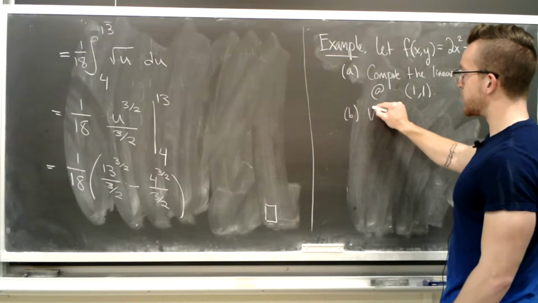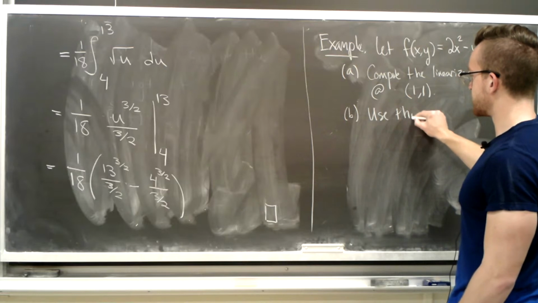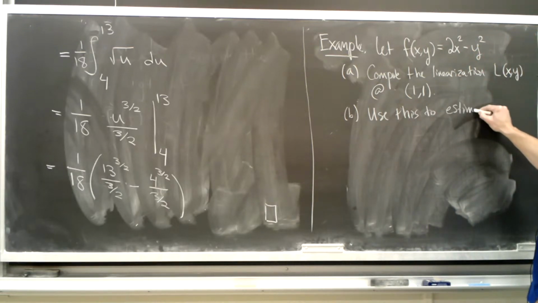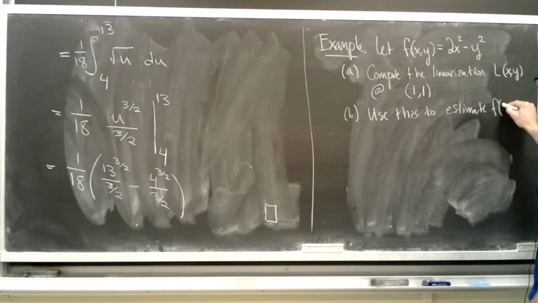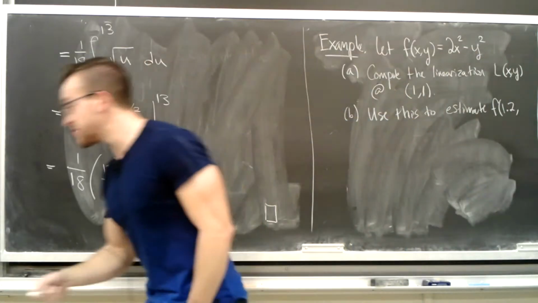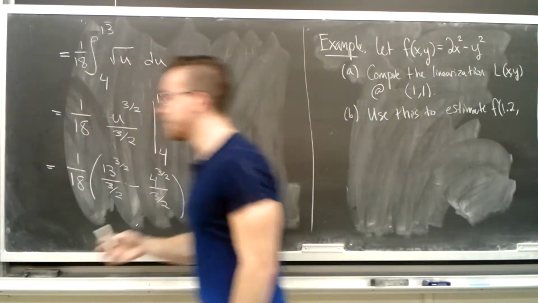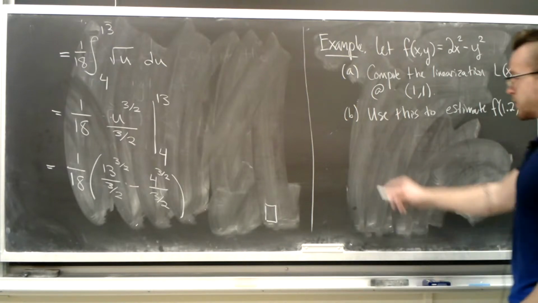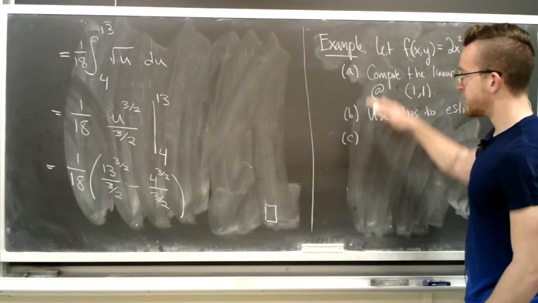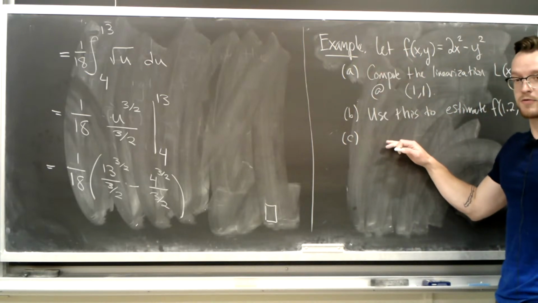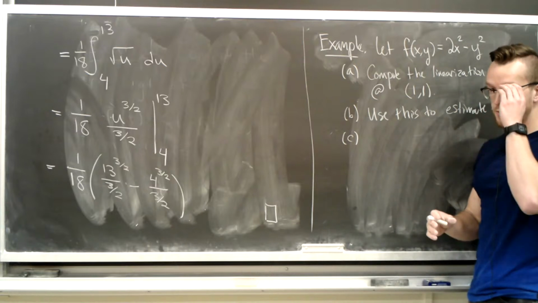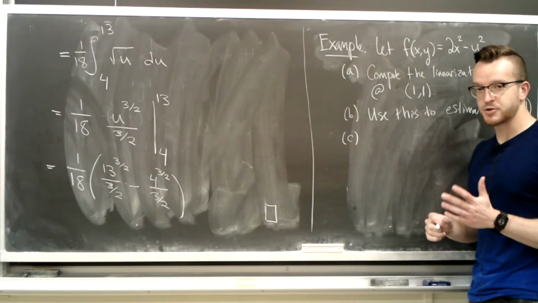In part B, I want to use this to estimate f of (1.2, 1.1), I think. Okay. This is pretty standard for what we've done so far through the quarter, and then I'm going to throw a curveball at you, which I think maybe is a little tricky, maybe not.